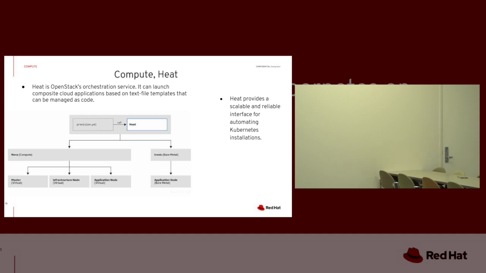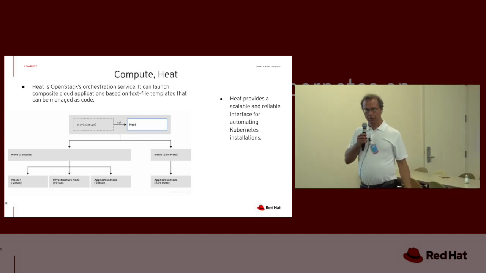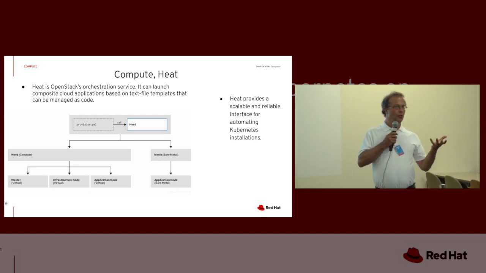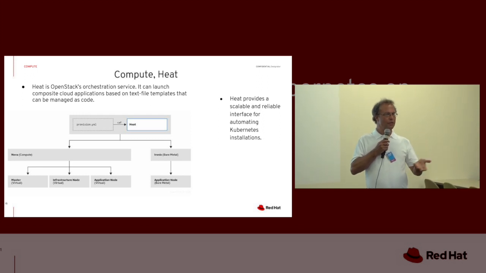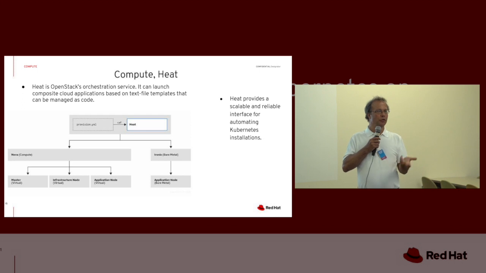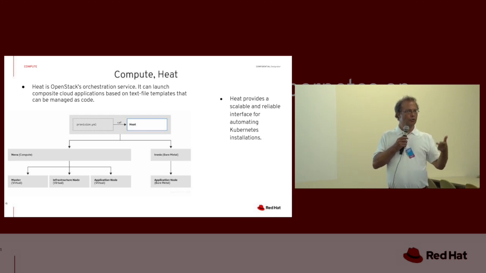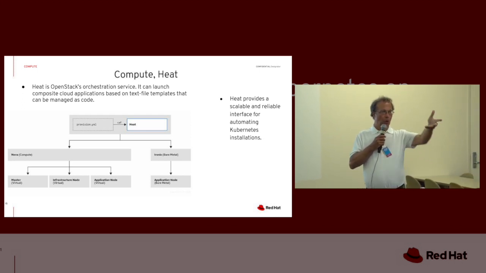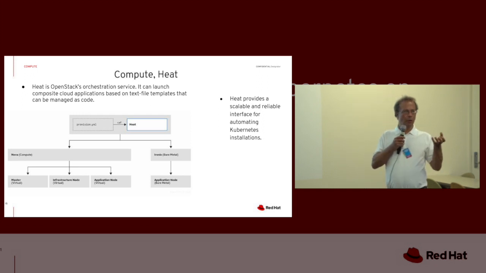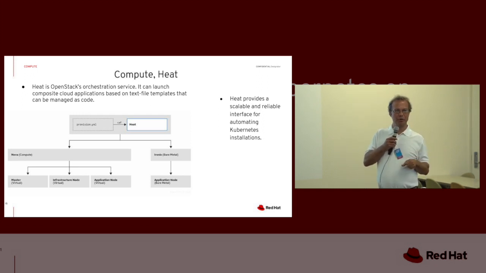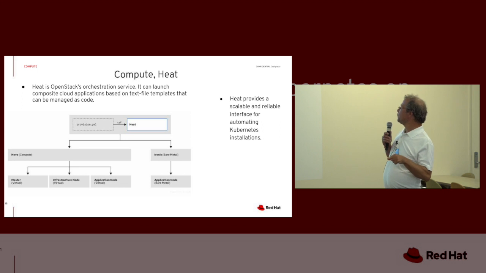So now we have compute. So what is Heat? Okay, Heat is the way in which OpenStack creates compute nodes. So compute is a virtual server, and Heat will orchestrate and go out to all those CPUs in the rack that we talked about and the disks, and create out of that virtual machines, instances on which, if you want, you can run OpenStack or other applications.